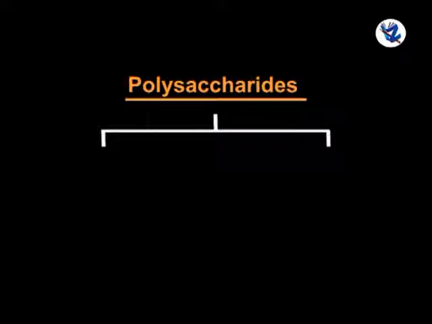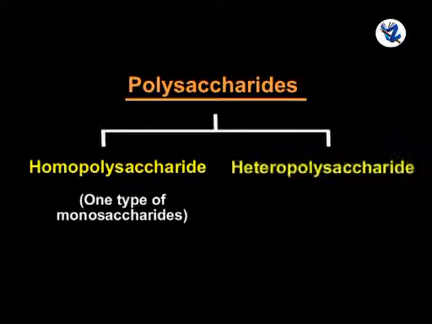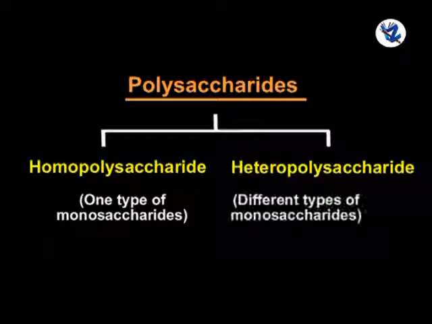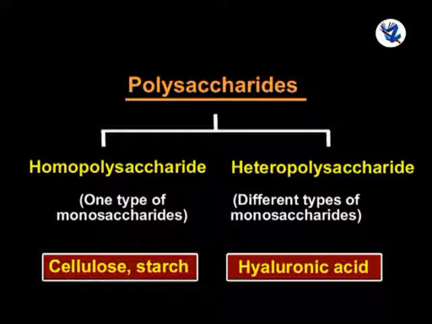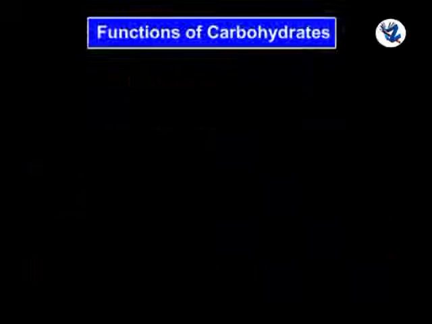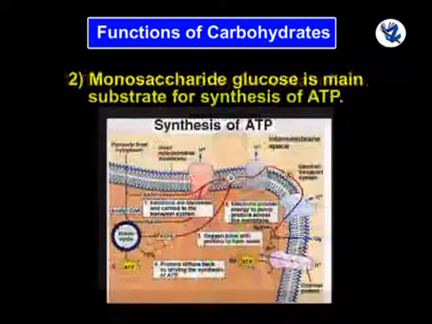They are further classified as homopolysaccharide containing one type of monosaccharides or heteropolysaccharide containing different types of monosaccharides. For example, cellulose, starch. Then functions of carbohydrates. 1. To provide energy for metabolism. 2.